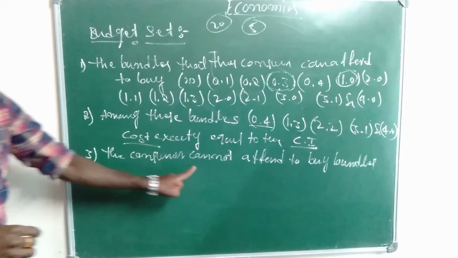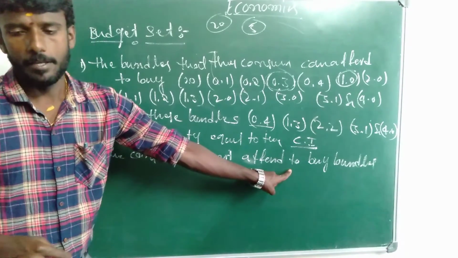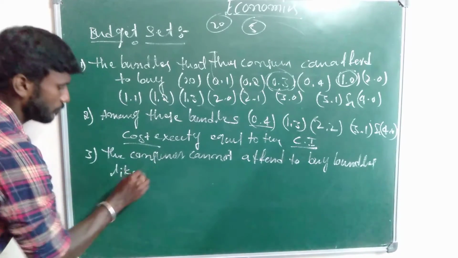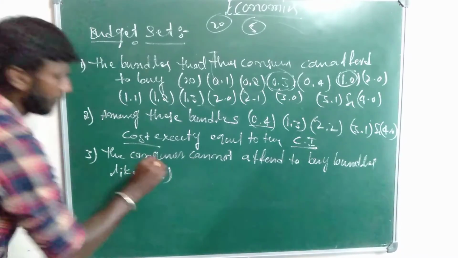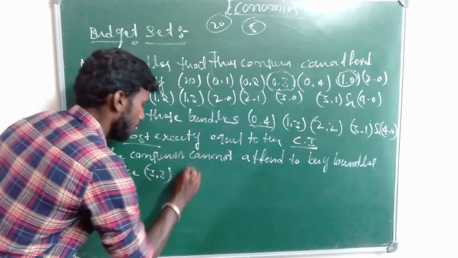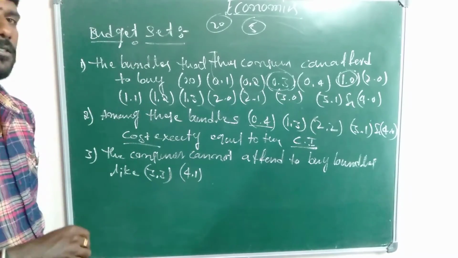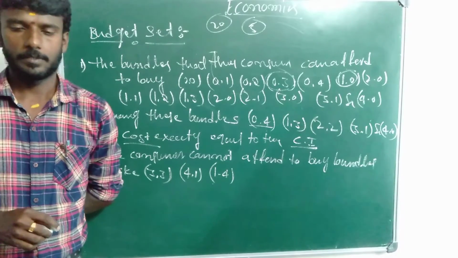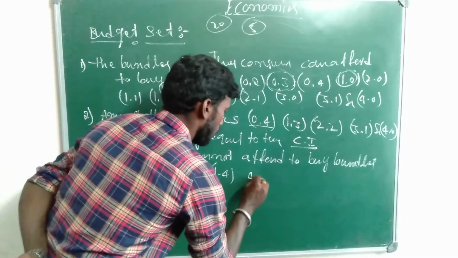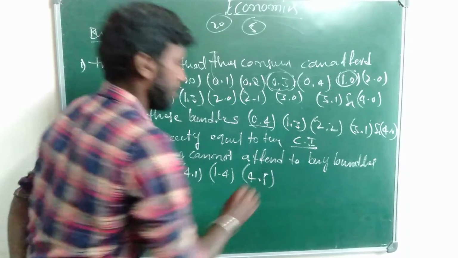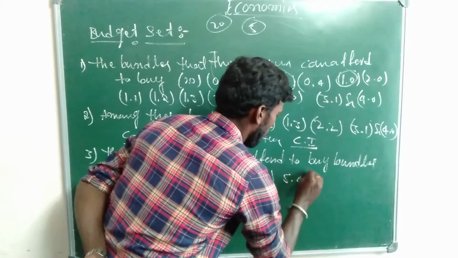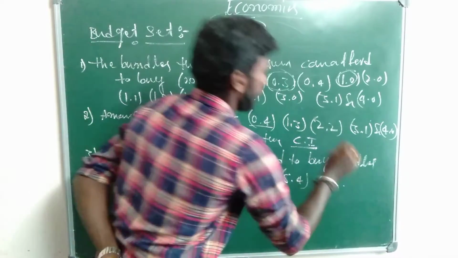The consumer cannot afford to buy bundles like 3 3, 4 1 bundle, 1 4 bundle, then 4 5 bundle, and also 5 4 bundle, etc.